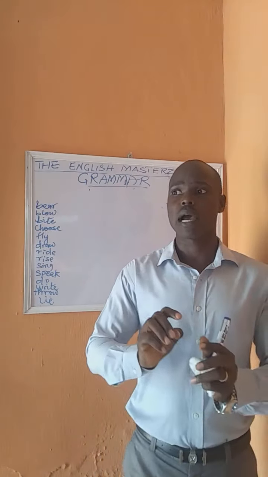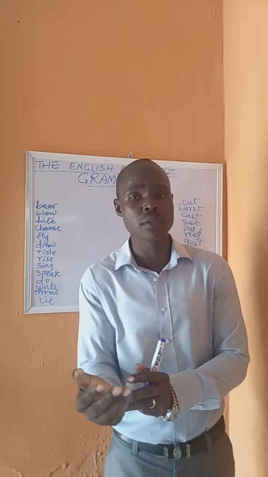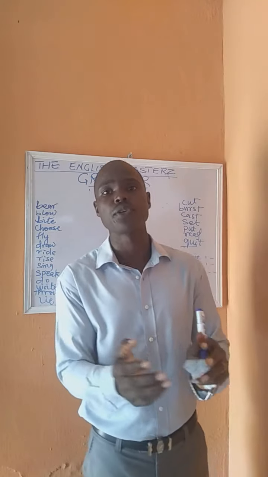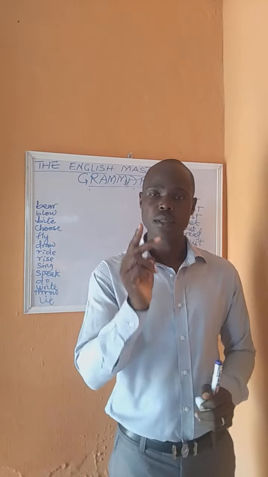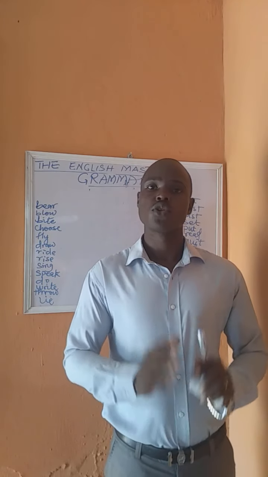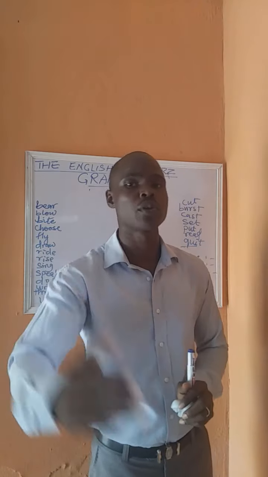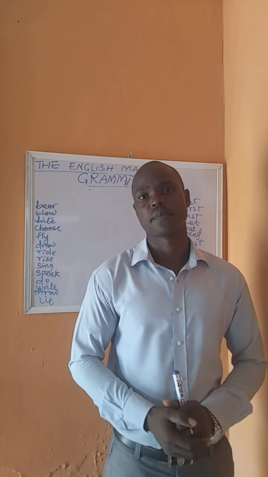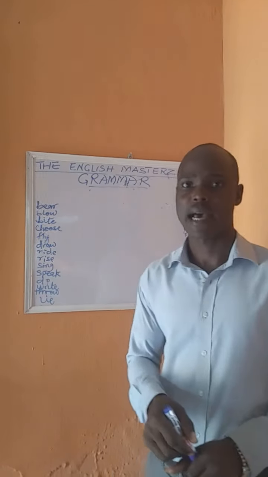Either for possession purpose, to show possession, or for time-keeping function. These are the two broad uses of these three verbs. But today I want to talk about the time-keeping function of these three verbs: has, have, had.